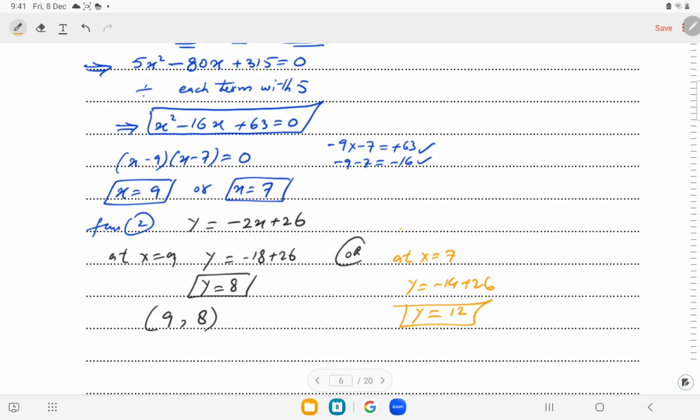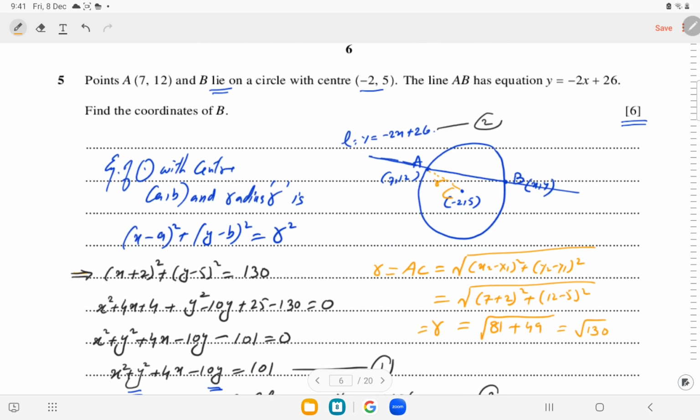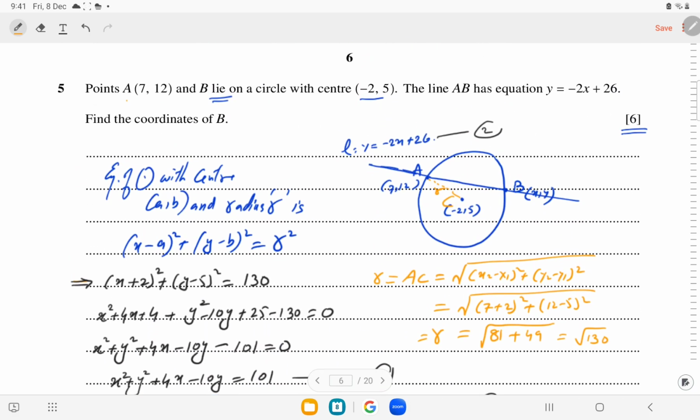As in the question you can see, it's very much clear that the second answer is when x is 7, y is 12. This was given, like here you can see A has the coordinates 7 and 12.